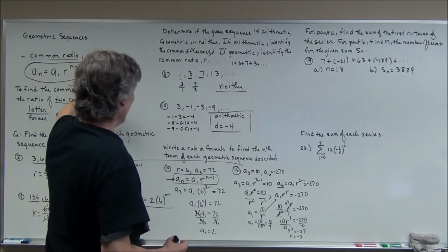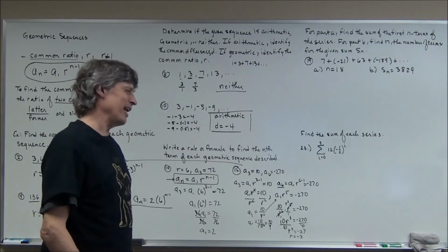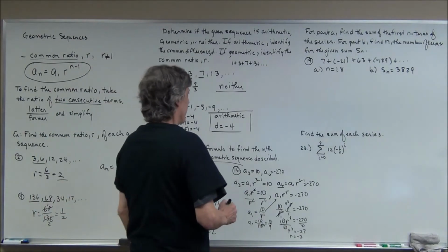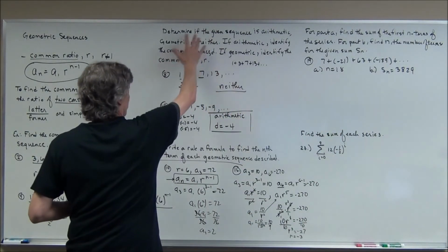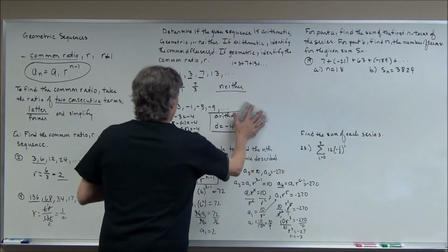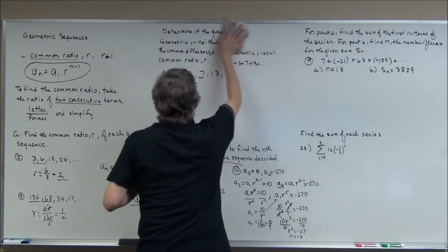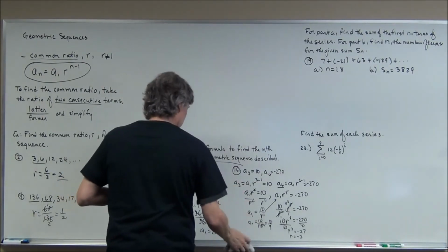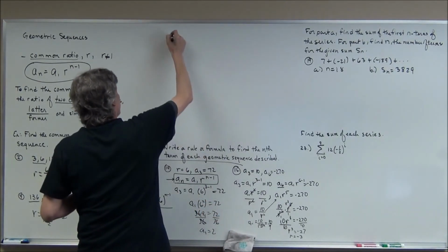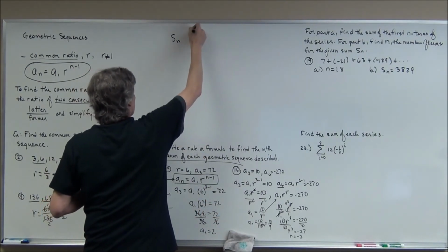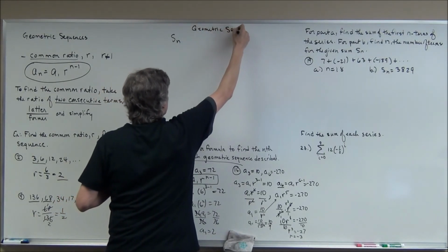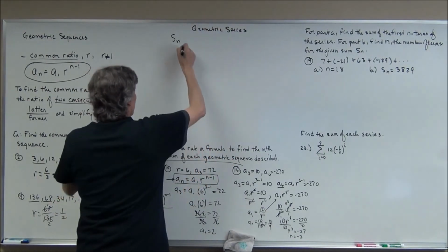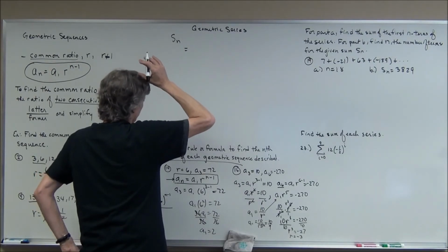Now, I don't have the formula written down, and I think I remember it. The formula for adding up the terms, I'm going to have to erase a little bit of this. I'm going to get rid of this spot right here so that I have room to write it out. Okay? So, to find the sum for a geometric series, S sub n is equal to, let's see if I can remember this.